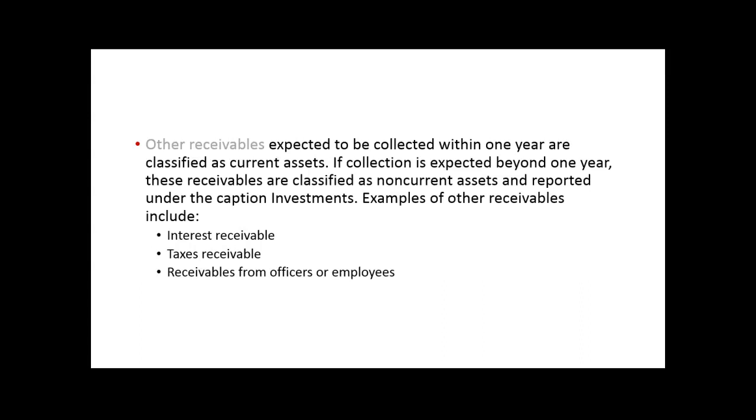Then at December 31st, we're going to have to make an adjusting entry to debit interest receivable and credit interest revenue or interest income. Then when they pay the note off, we're going to record at that time the interest revenue, debiting interest, crediting interest revenue for the amount from January 1st through the payment of the note.